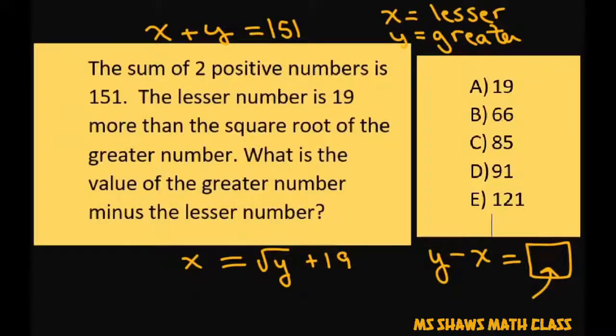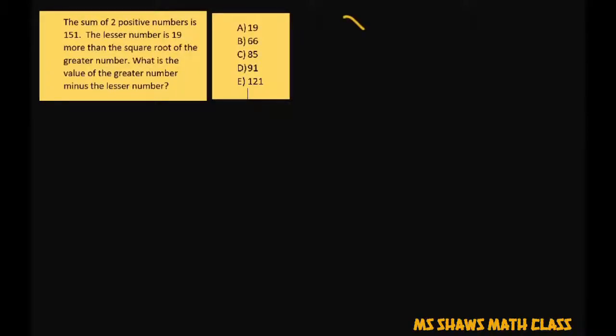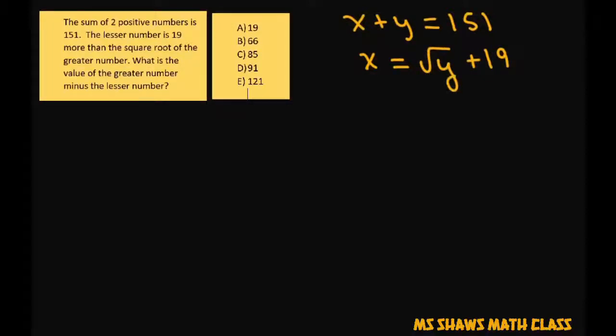So let's get started. We have x plus y equals 151. And we also have x equals 19 more than the square root of the greater number, whereby x is smaller than y. There are different ways to do it, but what I'm going to do is subtract 19 from both sides of the equation.